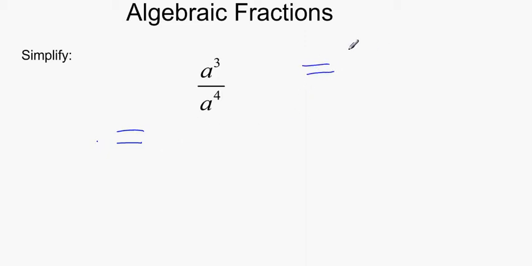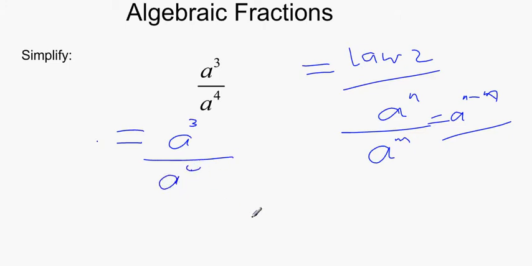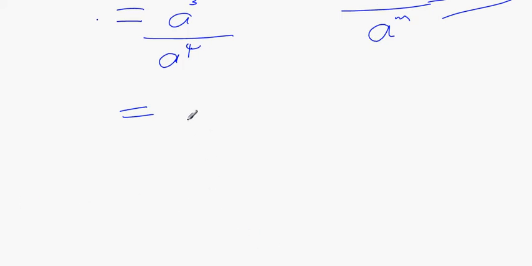Remember we spoke about law 2, which says that if a to the power of n is being divided by a to the power of m, that would be the same as a to the n minus m. So in this case, a to the power of 3 over a to the power of 4. According to the law, we'll have a to the 3 minus 4, which gives us a to the power of negative 1.